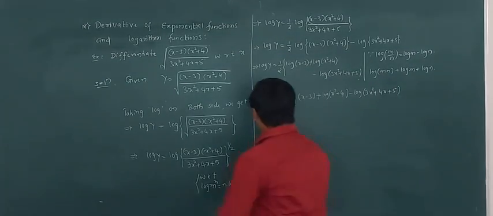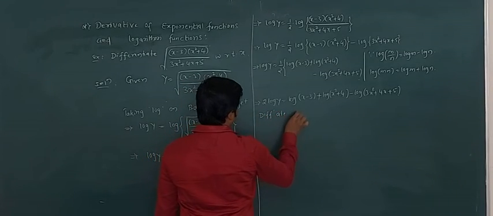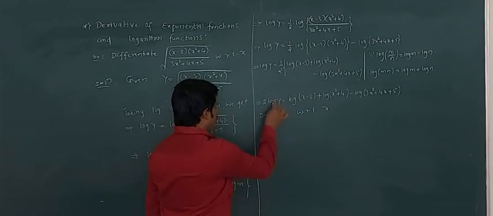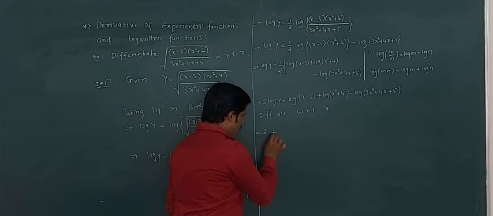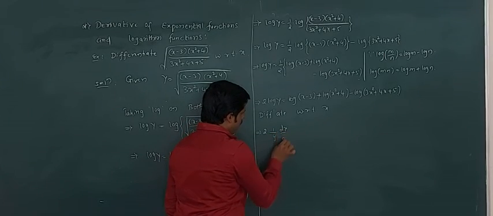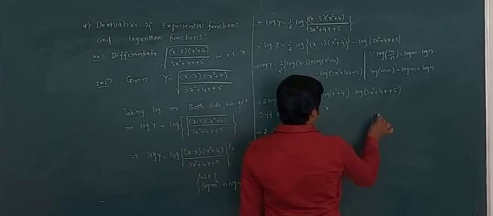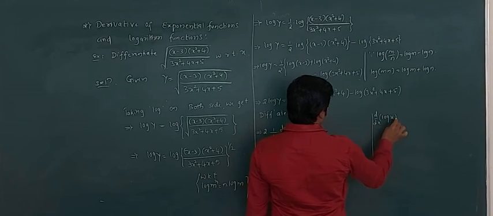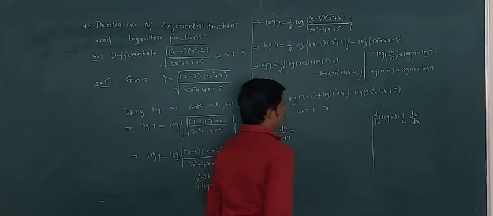Now differentiate with respect to x. We get log y differentiation; 2 is constant, keep it as it is. Log y differentiation is 1 by y into dy by dx, because we know that d by dx of log u is equal to 1 by u into du by dx.